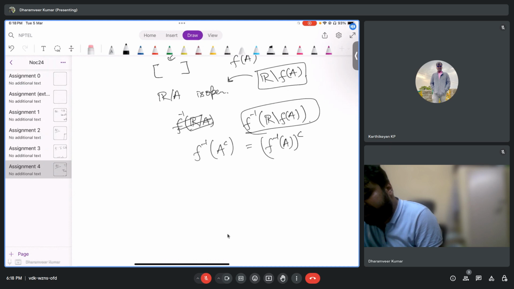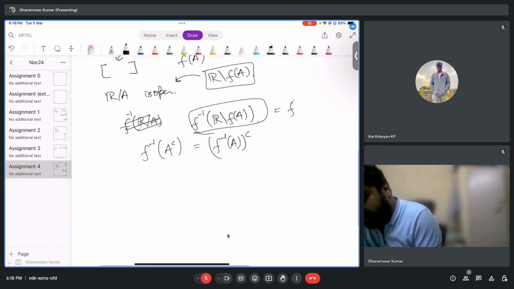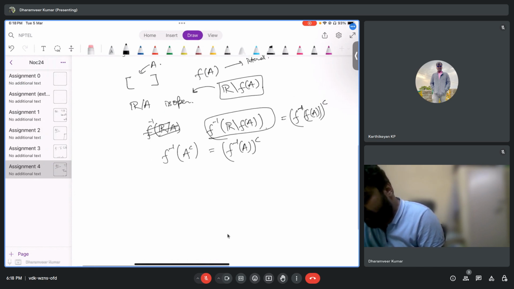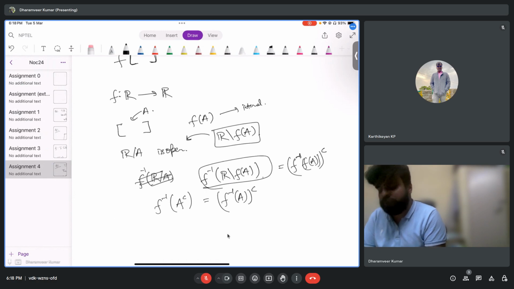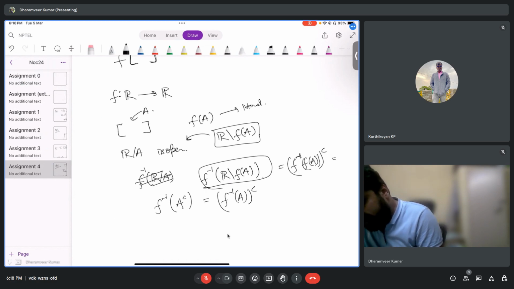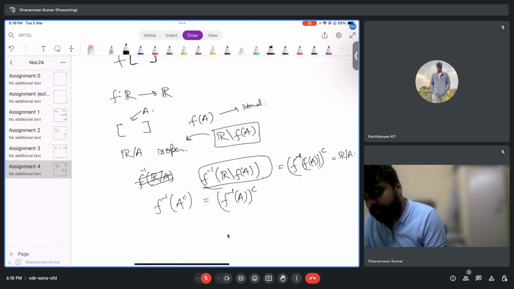So this means F inverse of F of A complement. So if F of A, and then we are taking an image on it, which is open, hence this is open, so this will be closed.